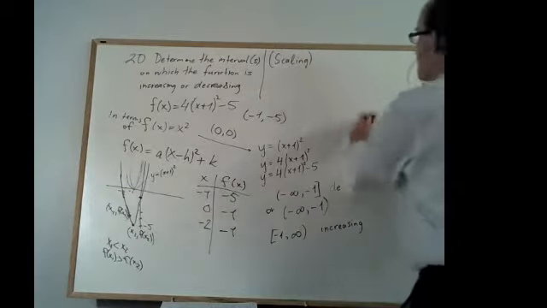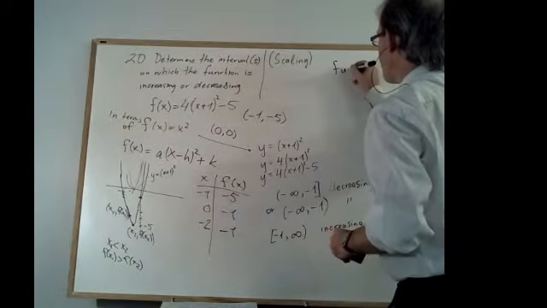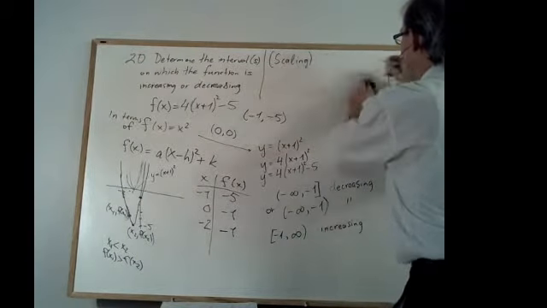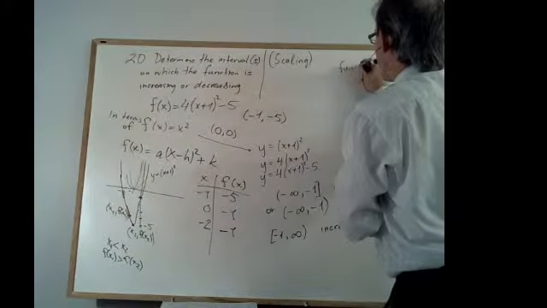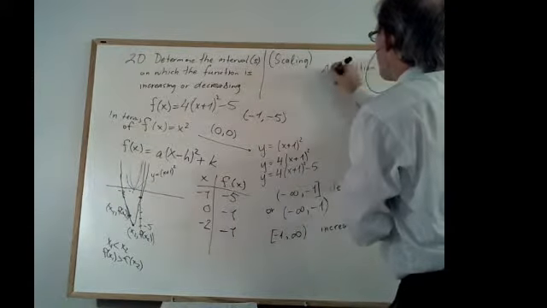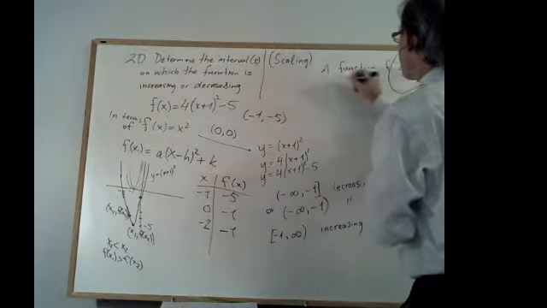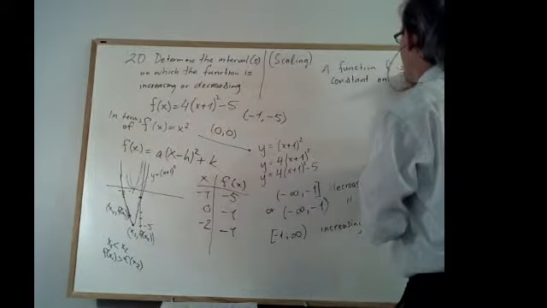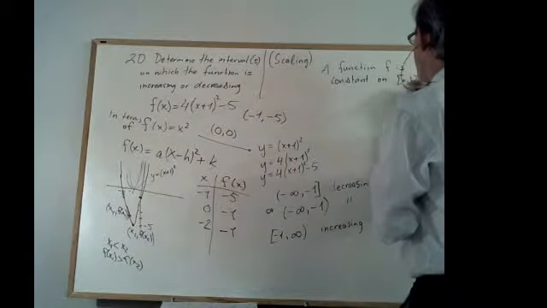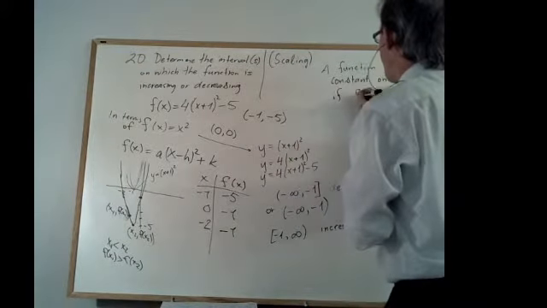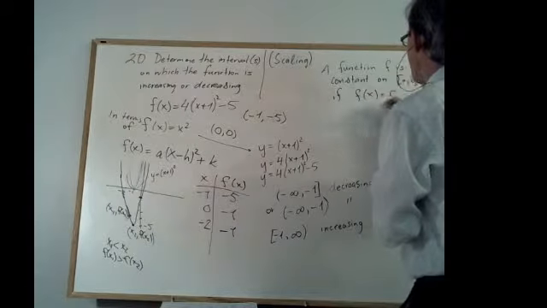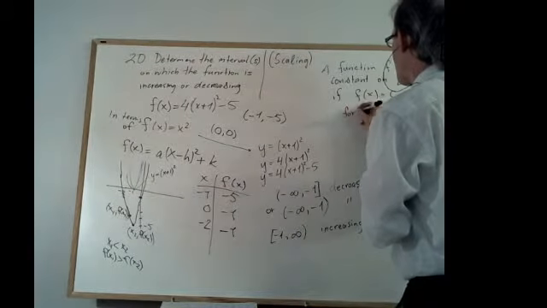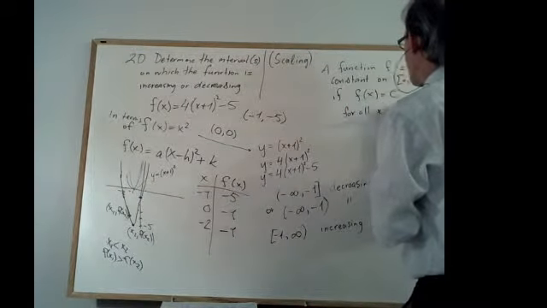Okay. Now in some functions, there's another thing I might have missed. When is a function constant on an interval? A function f is constant on an interval AB if f of x is equal to a constant everywhere for all x in that interval.